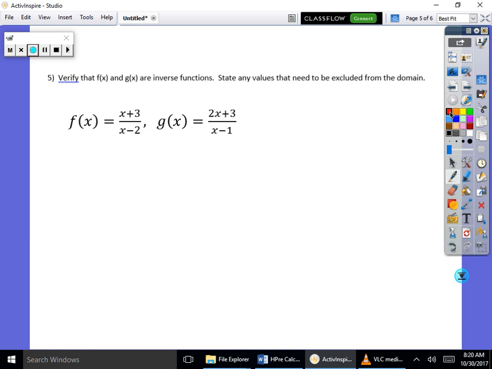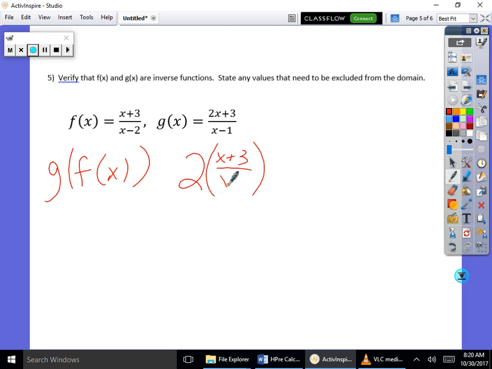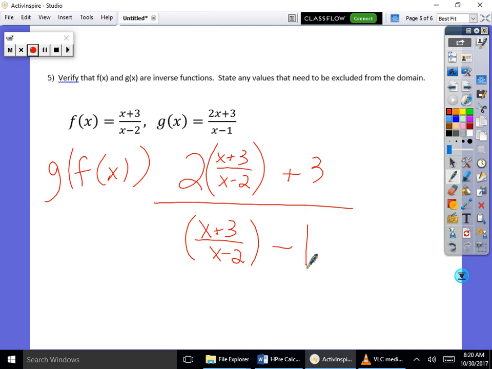Now I'm going to do g of f of x. So I'm going to do 2 times what? X plus 3 over x minus 2 plus 3 over x plus 3, x minus 2 minus 1.